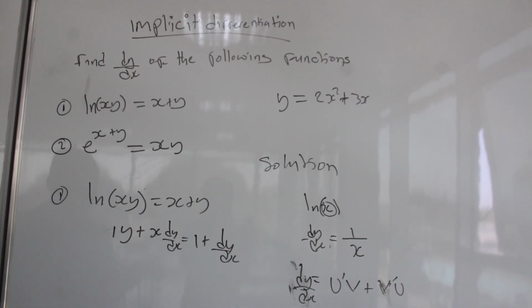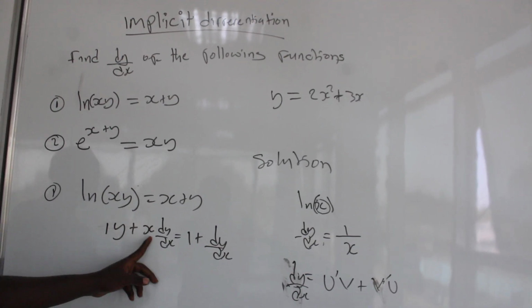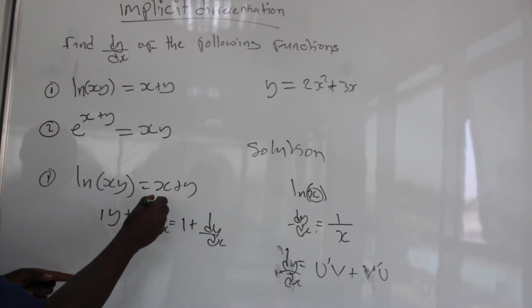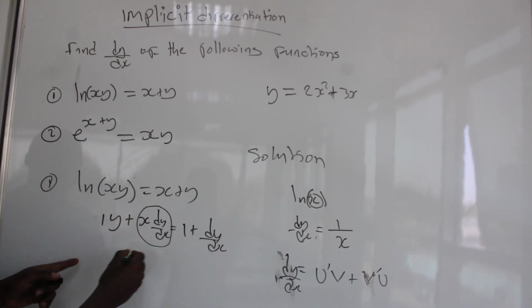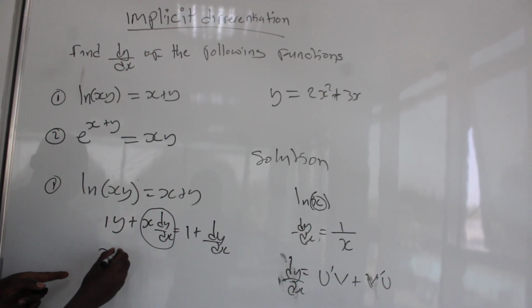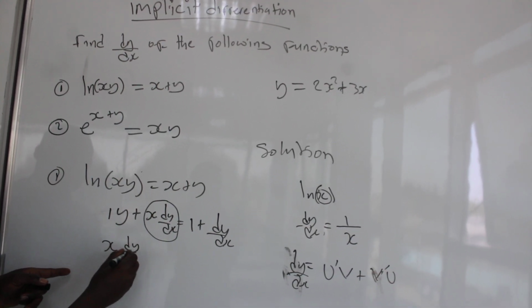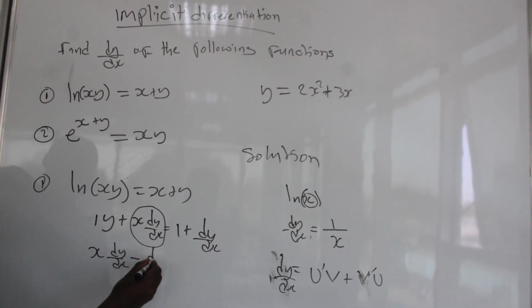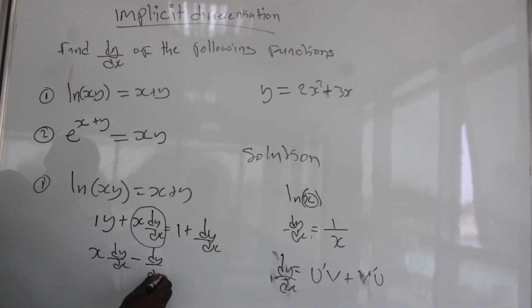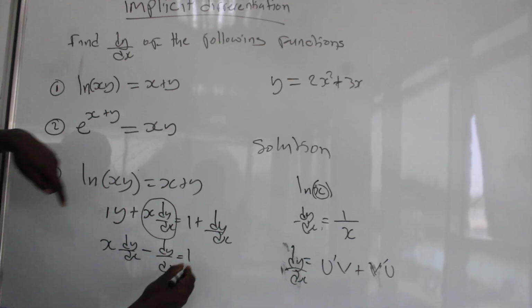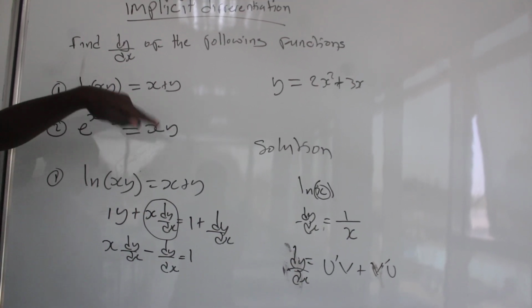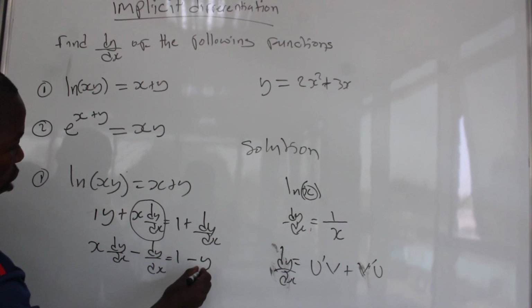Now, I'm looking for dy dx. So all these expressions which have dy dx, I'm going to isolate them. Here, this one will be here, dy dx. Then this one will cross the equals sign to become minus dy dx equals 1, then this one, 1 times y, it's y, will cross the equals sign to become minus y.